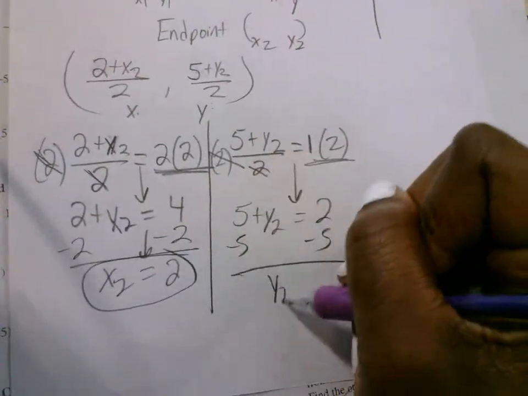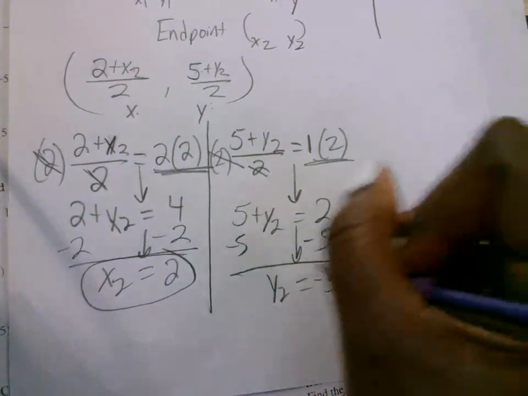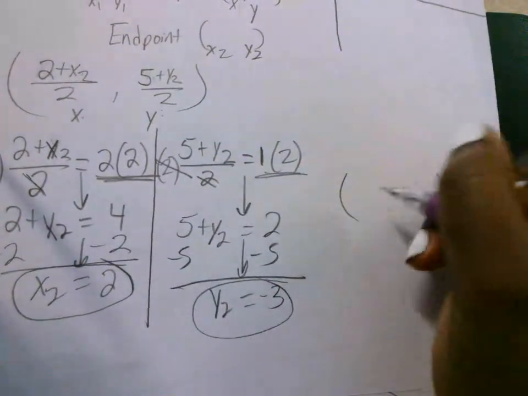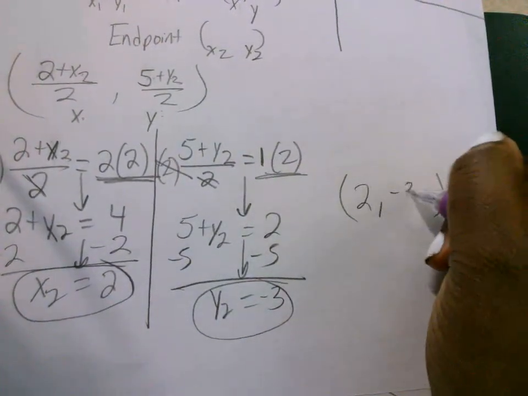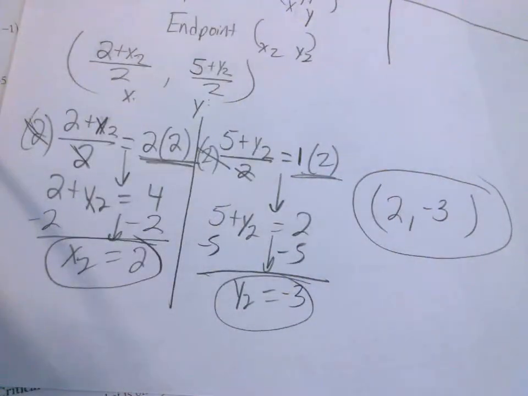This gives me y2 is equal to what number? -3. Okay, so what's the ordered pair here? 2, comma, -3. Good job. It's like 2 equations for 1 problem, essentially. Okay?